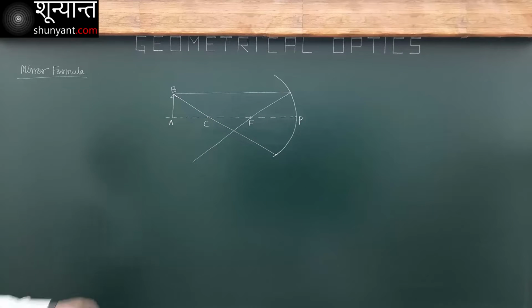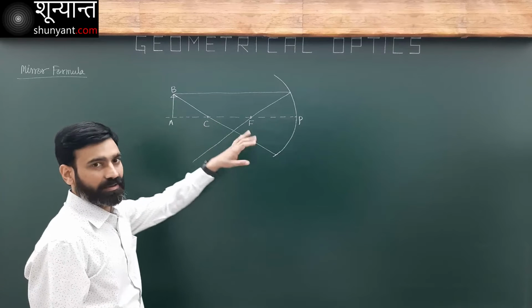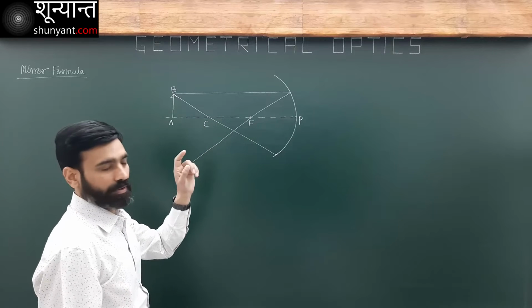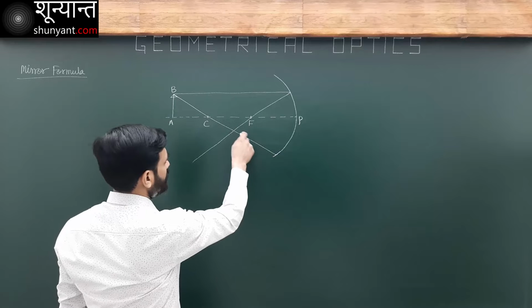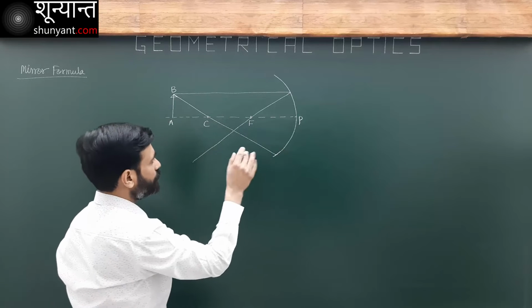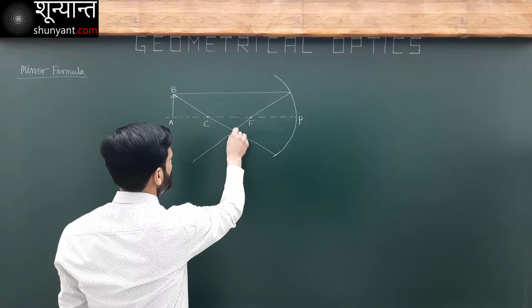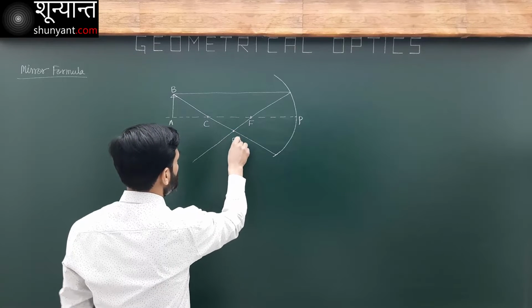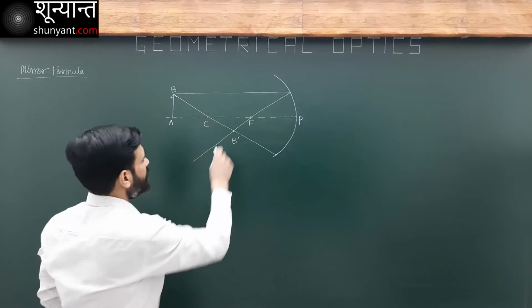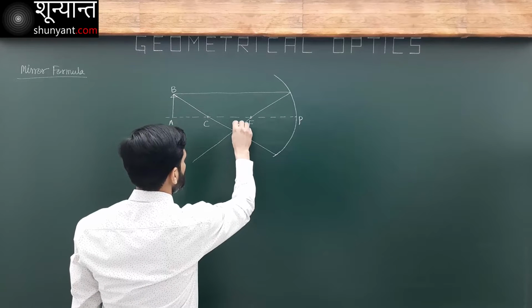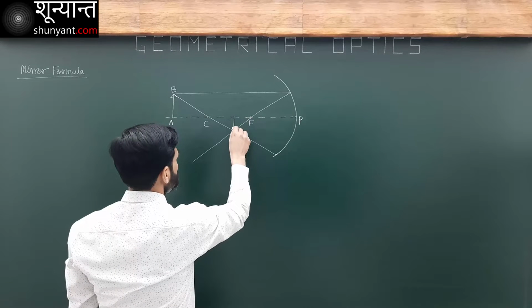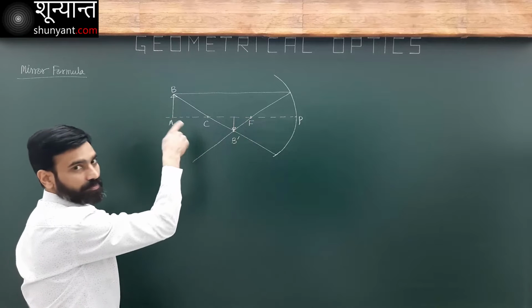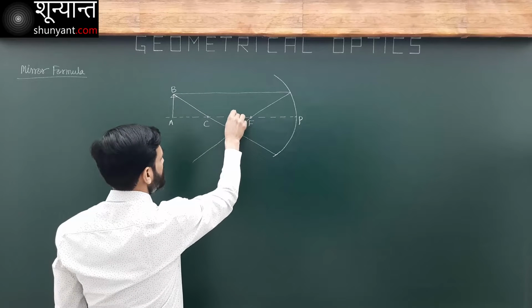This light will retrace itself, because it is incident normally. So at this point, both reflected rays are meeting. This will become the image of point B, that is B dash. The image of point A will be directly above this, on the principal axis. This becomes A dash, let's say.